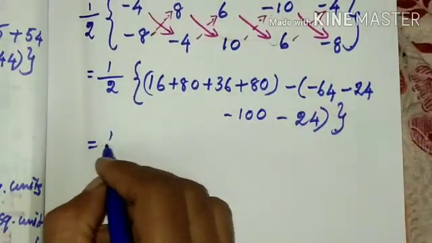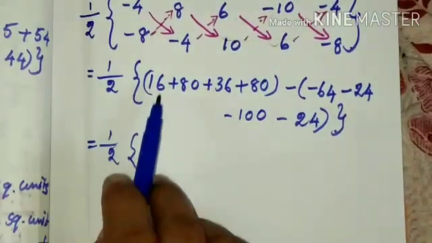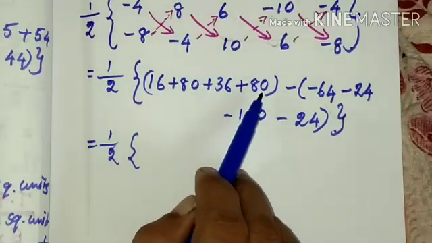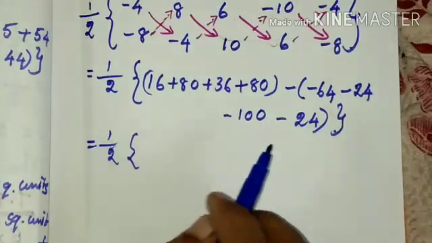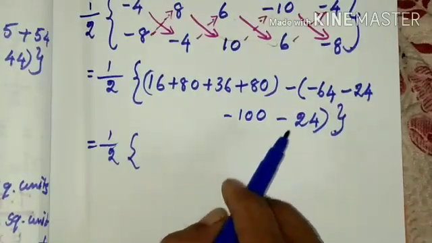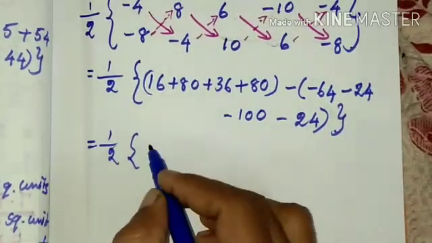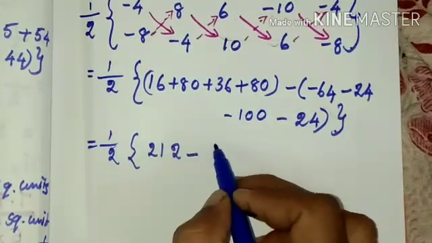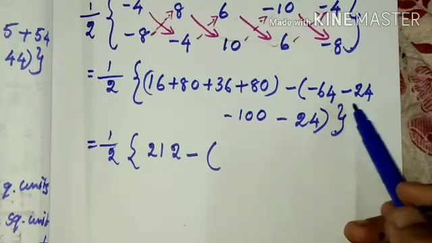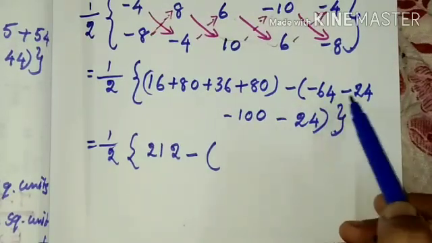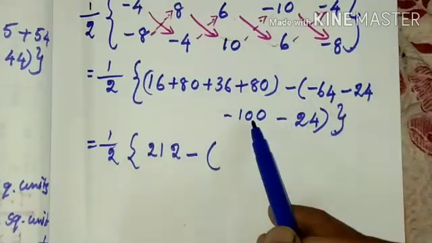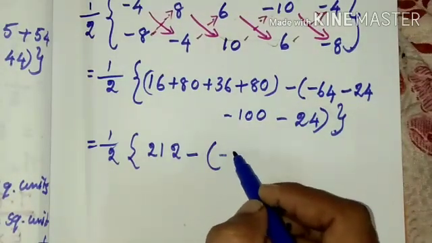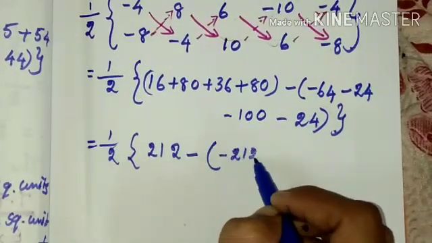Now half into, you add 16 plus 80 plus 36 plus 80, and we get 212. Minus of, again you add this one: -64 -24 -100 -24, and we have -212.